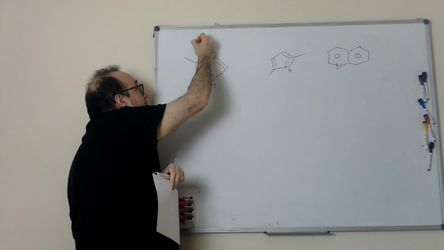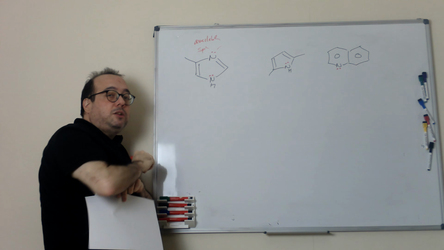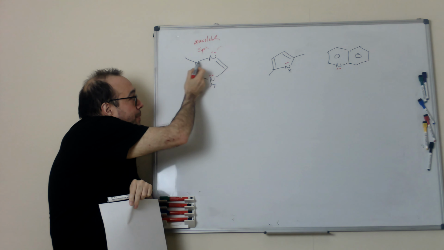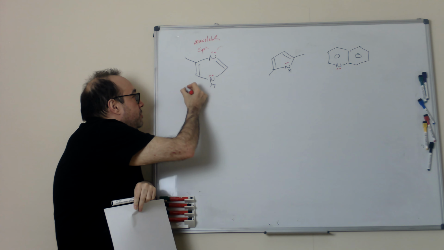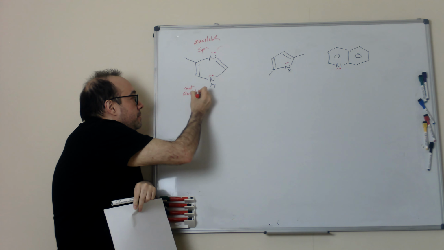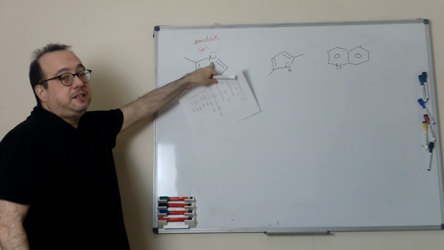That means that these are available. These 2 electrons of this nitrogen are part of the p system, in the pz orbital. That means that they are not available. So this first compound will be basic at this nitrogen.